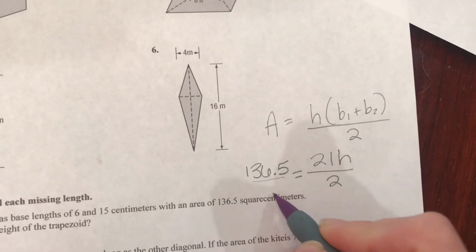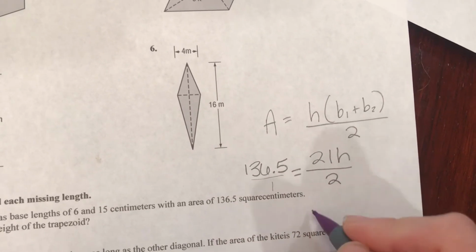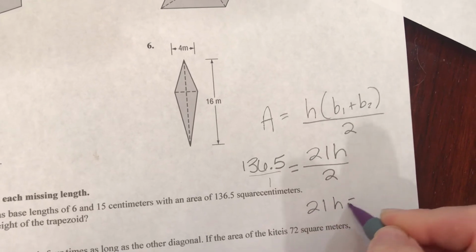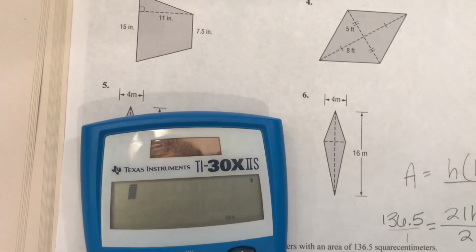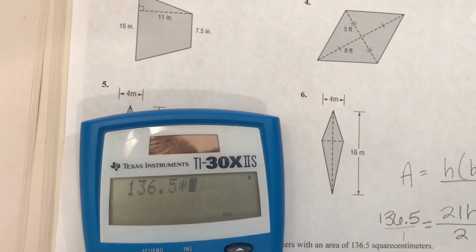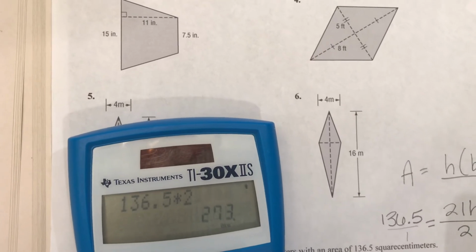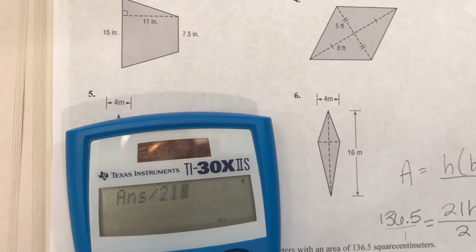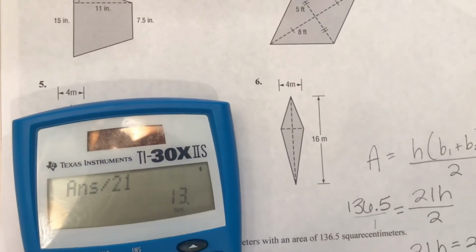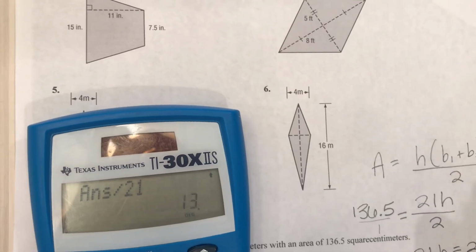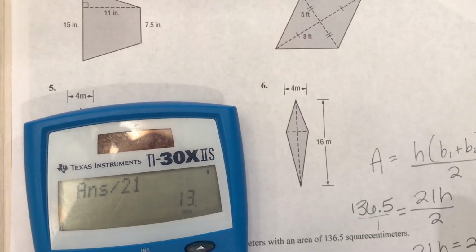If you want to, you can put that over 1, cross multiply. You get 21H equals, and then of course you're going to do 136.5 times 2. That would be, let's see, 273. And then divide by 21. And you're going to get 13 for your height. And that answer is correct there.